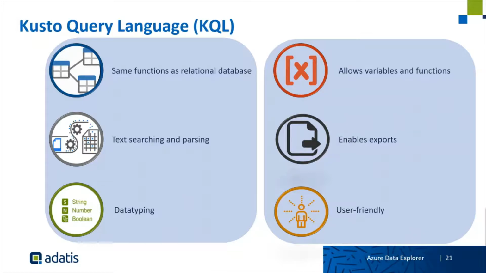It allows text searching and parsing. So within, for instance, a semi-structured or free text file, you would be able to find particular text. Data typing, so it has what we normally have in, for instance, other languages like SQL. So it does differentiate between string, number, Boolean, and other data types. So it allows variables and functions.